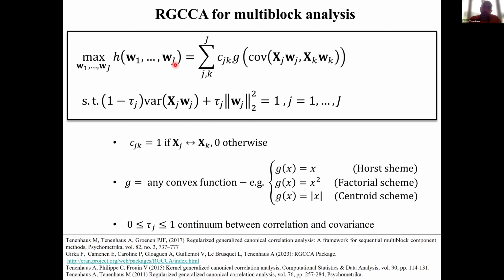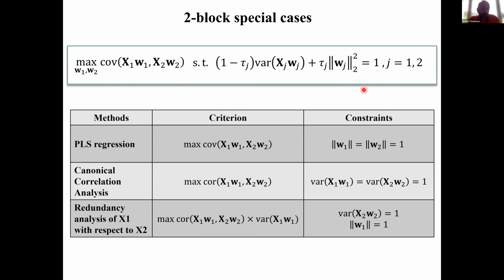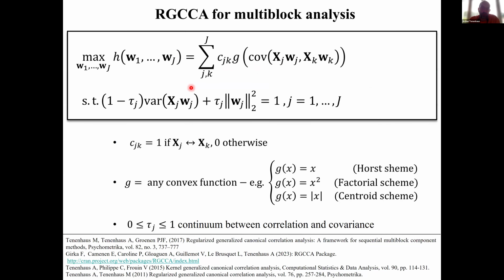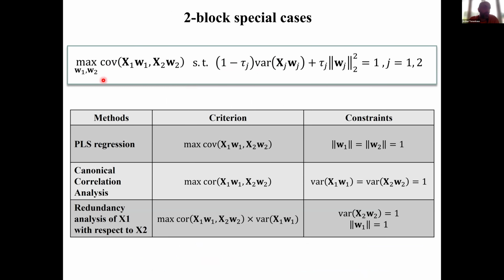And we can discuss the two-block situation, when you have only two blocks. In the two-block situation, this optimization problem reduces to this one. So we are maximizing the covariance between the block component of block X1 and the block component of block X2, subject to these constraints. And it is quite interesting to realize that when tau 1 is equal to 1 and tau 2 is equal to 1, then we are maximizing the covariance, and we recover PLS regression, which is a well-known method in the two-block literature.